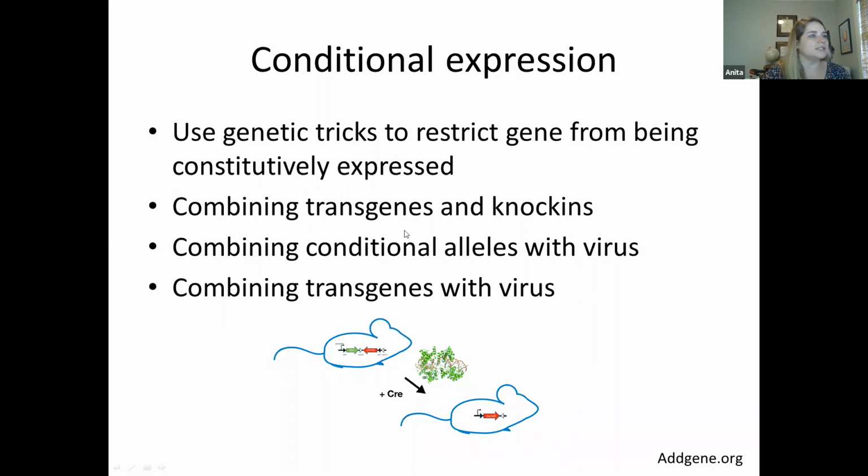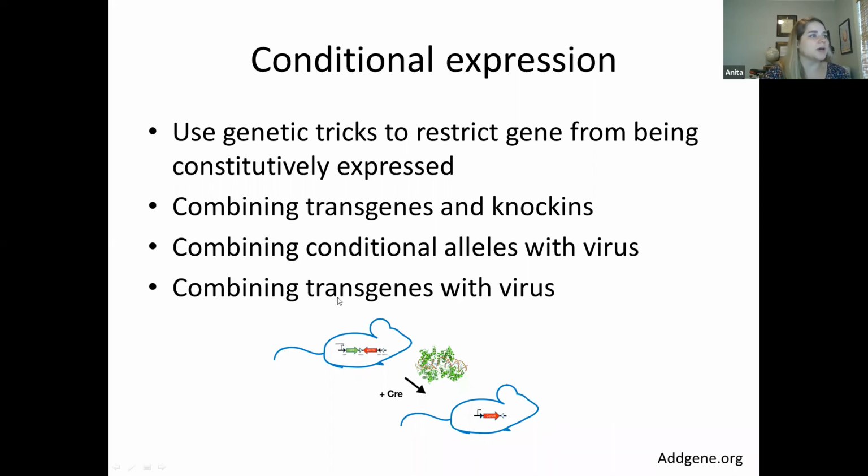A lot of times this will depend on having transgenic expression of Cre recombinase, in addition to, say, a knock-in. In this case, you can generate a knockout by knocking in LOXP sites to an endogenous gene locus.